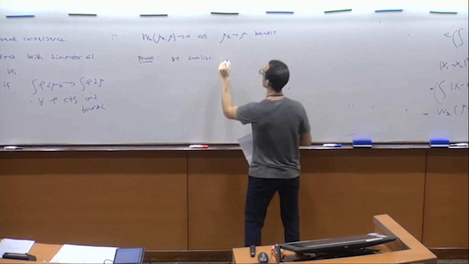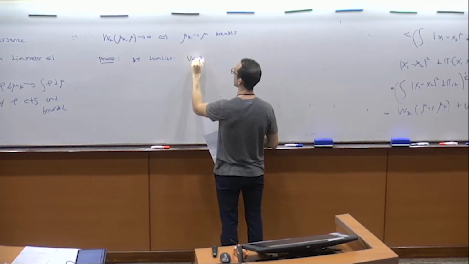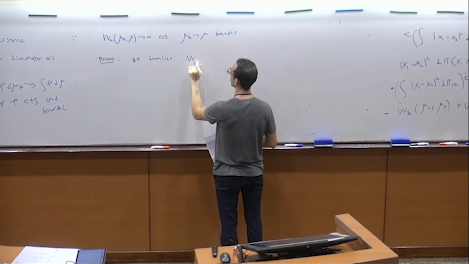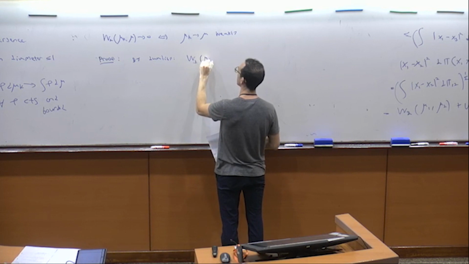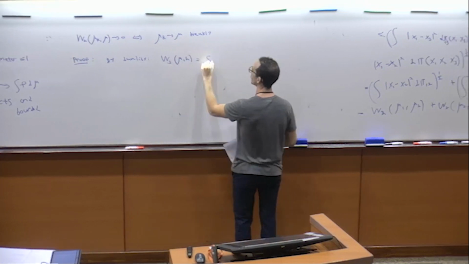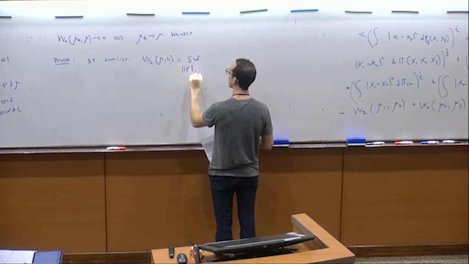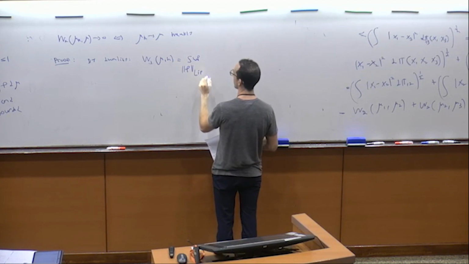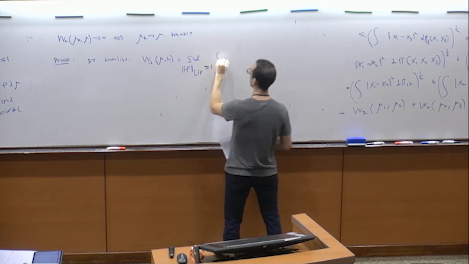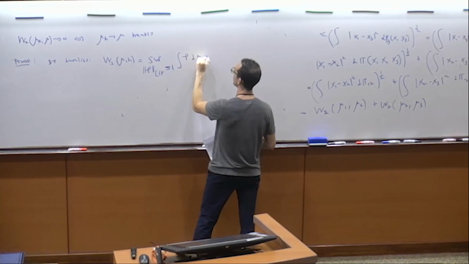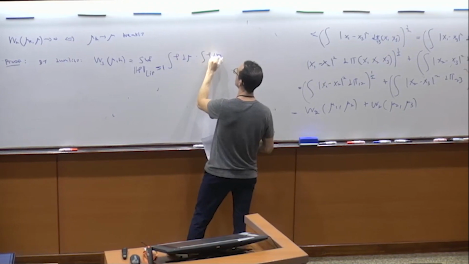So just remember that we wrote, so again, we're going to focus on W1. Remember that we can also write it as a supremum over all these functions which are Lipschitz with constant 1, of the integral of phi d mu minus the integral of phi d nu.